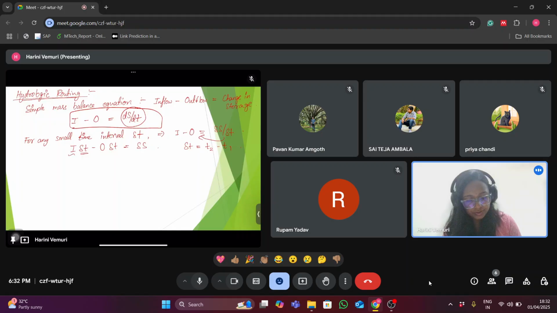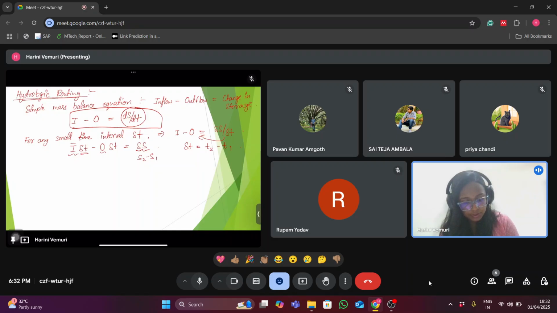So what do we use at these points? We have to use the inflow at T1 or T2, or outflow at T1 or T2. And delta S is nothing but S2 minus S1, the change in storage between time steps T1 and T2.